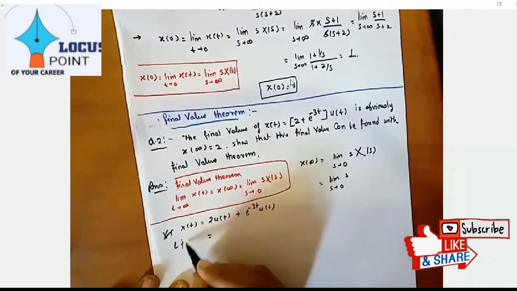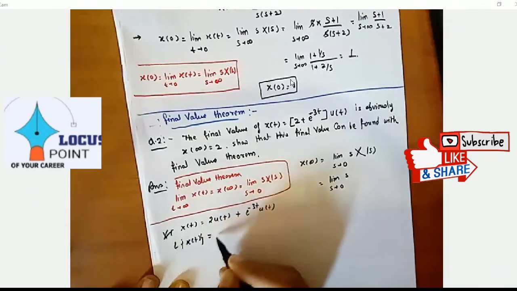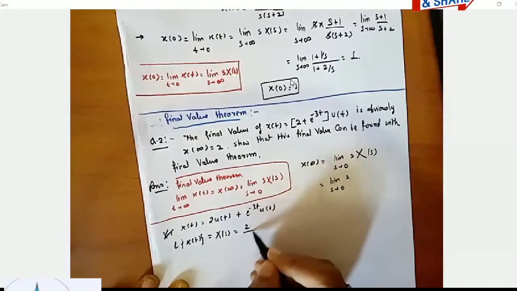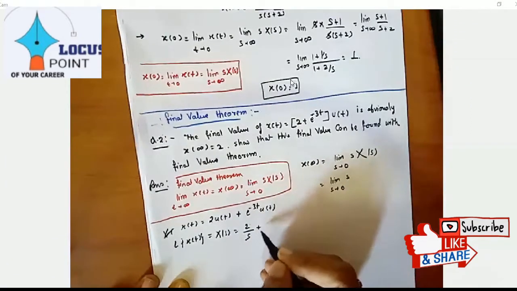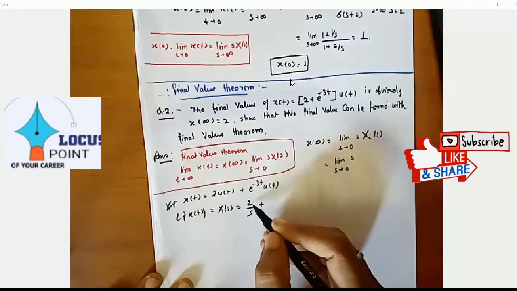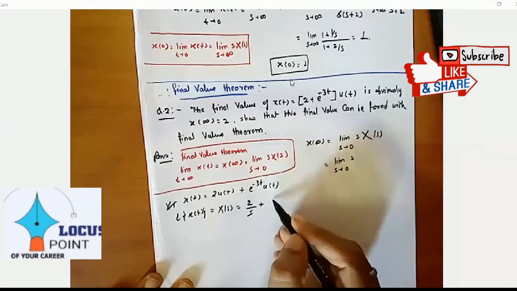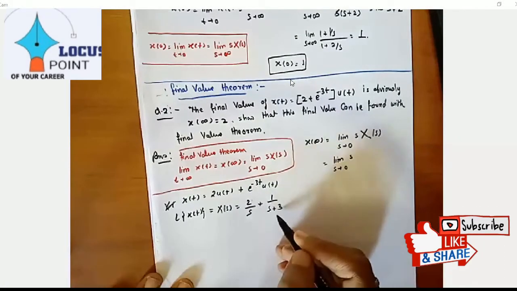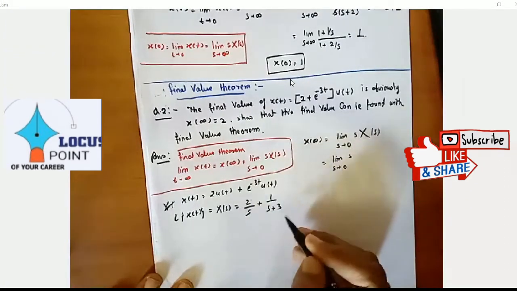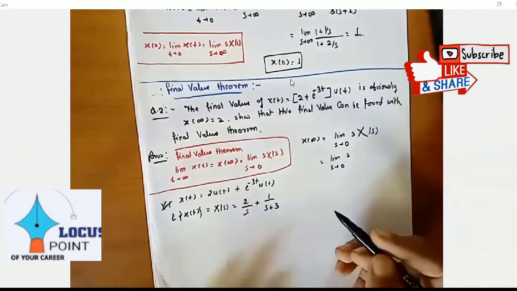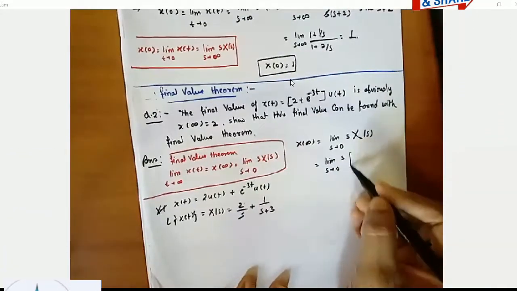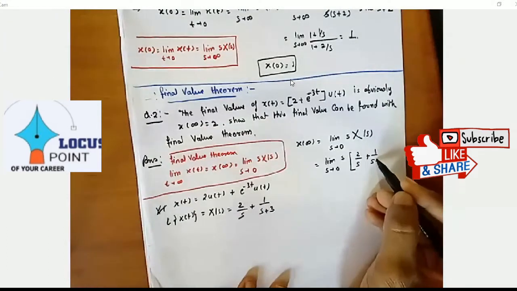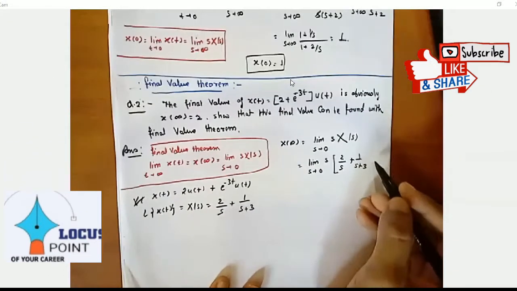The Laplace transform of x of t, which can be written as X of s, will be equal to, for u of t, 1 upon s, and for the second term e to the power minus 3t, 1 upon s plus 3. If there is a minus, it will be plus. So you have easily calculated this by the property. So now you can write this as 2 by s plus 1 upon s plus 3.